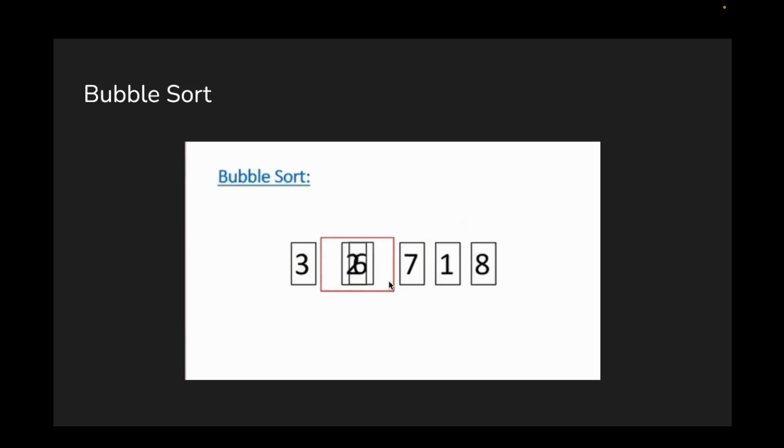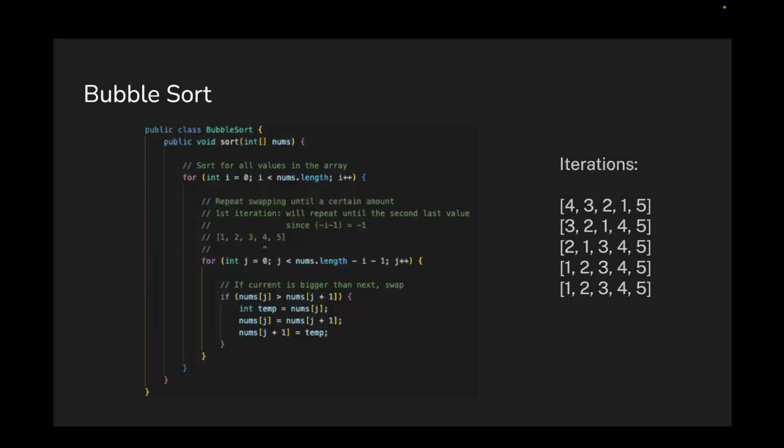On the next iteration, 7 will be at the end. On the first iteration, 8 is at the end. Maybe I could have chosen a better example, but we're at least able to see how it's comparing these two values.